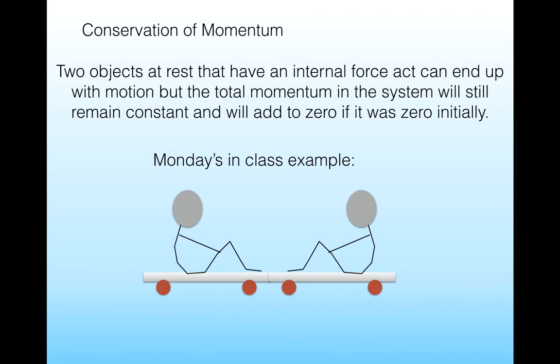And again, this is where these two concepts really do collide, and they're basically exactly the same thing. So what this means is that when you start with two objects at rest, and they have no external forces acting on them, you can still have an internal force that can end up with motion, and the total momentum of the system will still remain constant.